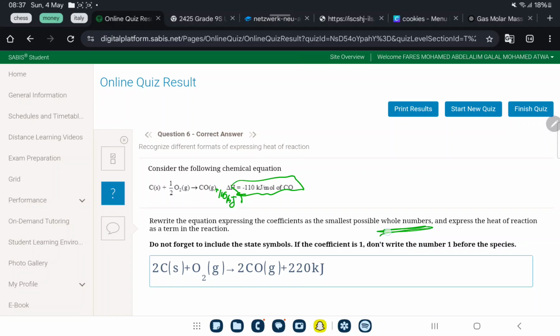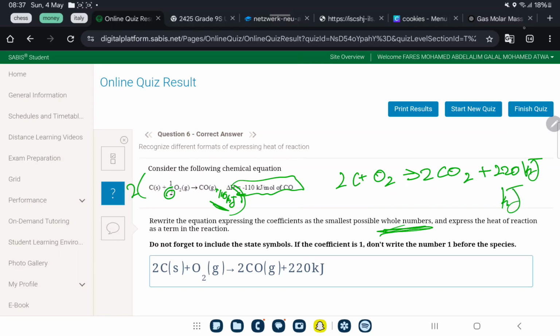They want whole numbers and the denominator is 2, so you multiply the whole thing by 2. So you get 2C plus O2 gives 2CO2. Don't forget to multiply the energy as well, plus 220 kilojoules. Don't forget the unit, small k, capital J, and also don't forget the state of the elements.